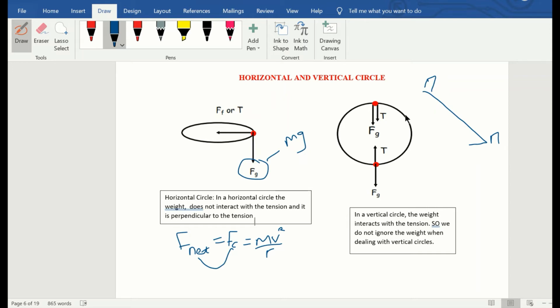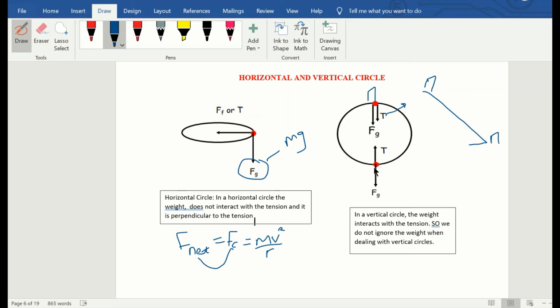The same thing happens in a vertical circle. At the top here, we require little or no force to turn around this point. So we can refer to the tension here as apparent, because the tension at the top is very, very small, because the object requires little or no force to move around the top.